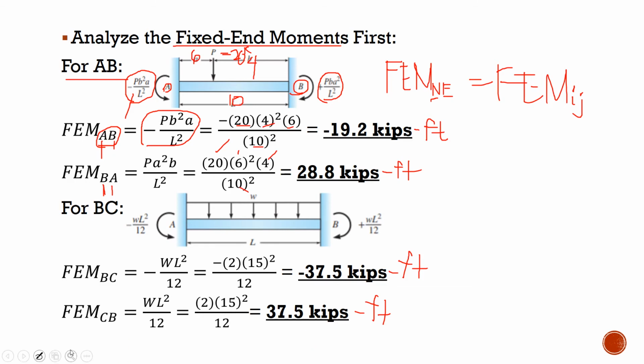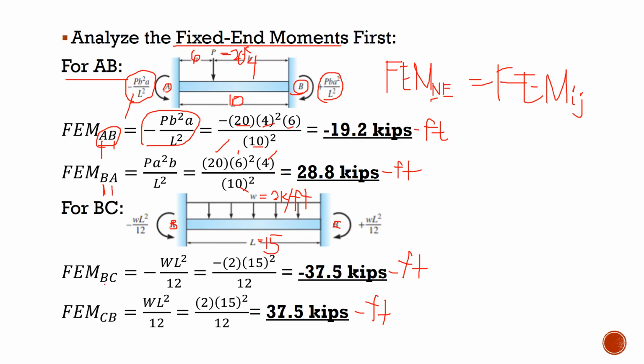Next is for BC. This is our loading in BC. W here is 2 kips per foot, and the length is 15. For BC, B comes first, then C. Again, near and far.